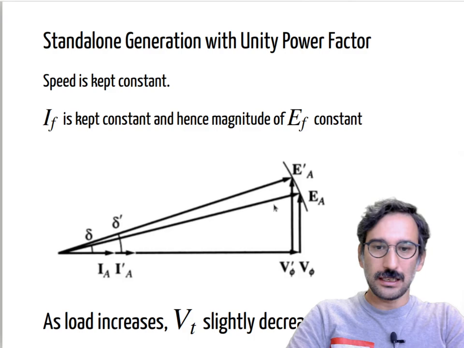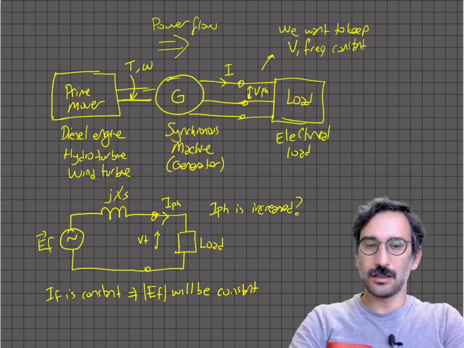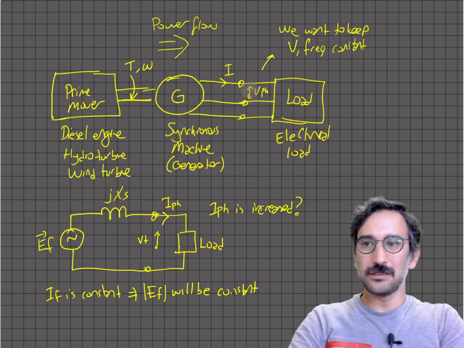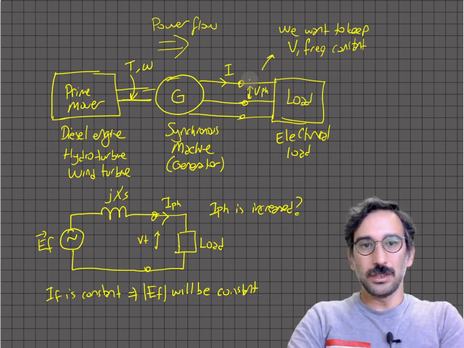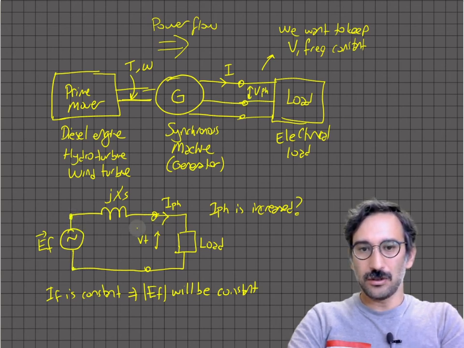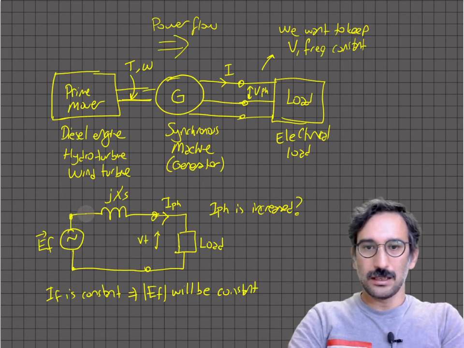Again, remember, in our system, there's nothing that defines that phase voltage. It is not connected to the electric grid. It doesn't have to be 230 volts all the time. So it is completely independent, and the only thing that defines my terminal voltage is the EF magnitude, and then the difference between that one.